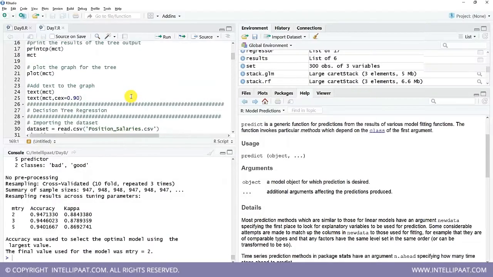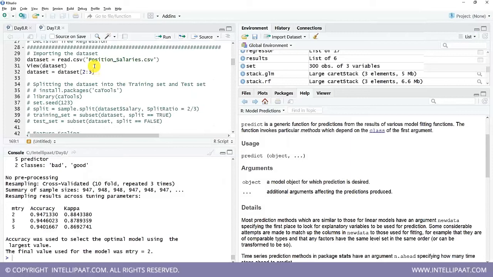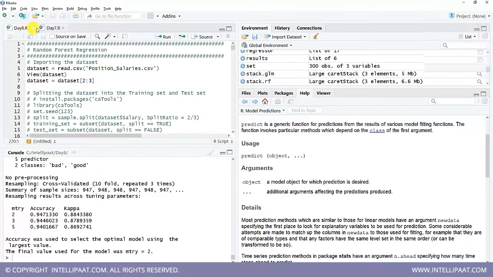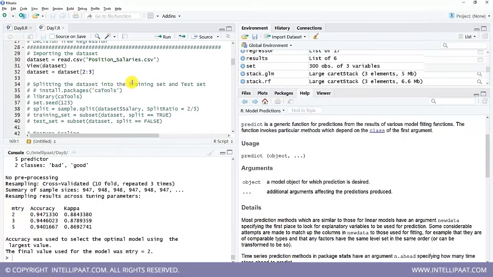Decision tree regression. Again the same data set, position and salaries. Let's try to execute decision tree regression. By regression, we mean we are going to predict a continuous output. What we are trying to predict here is the salary.